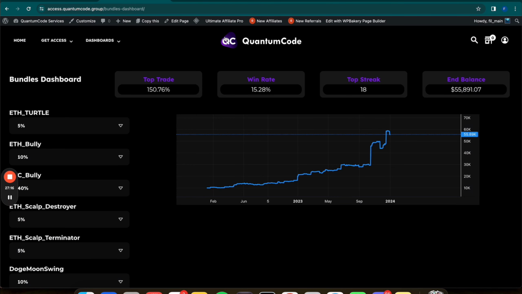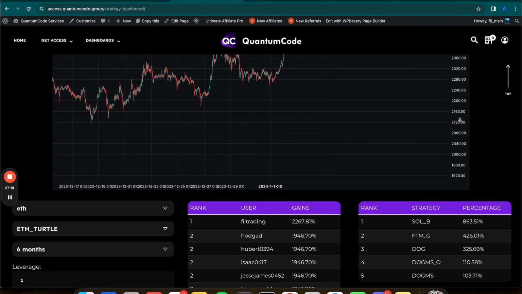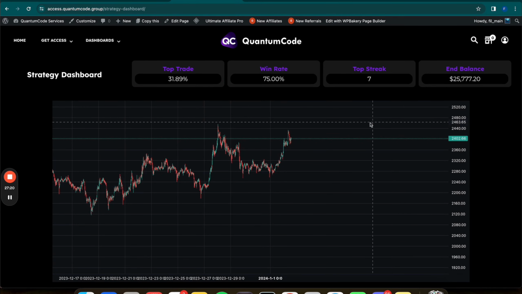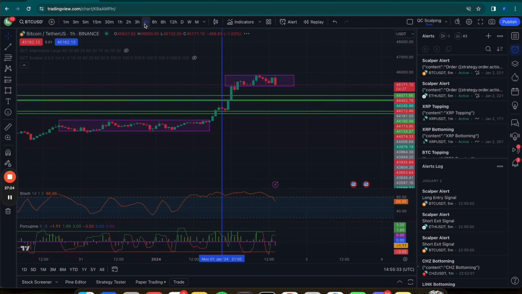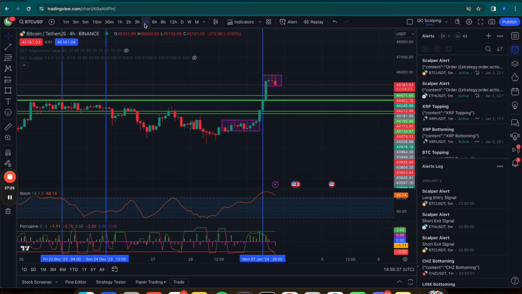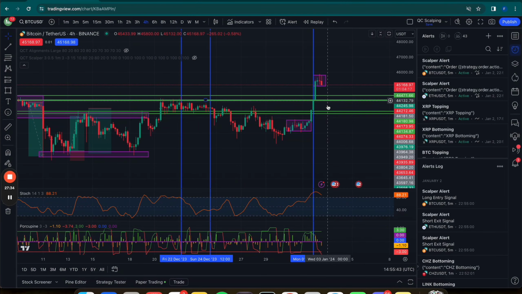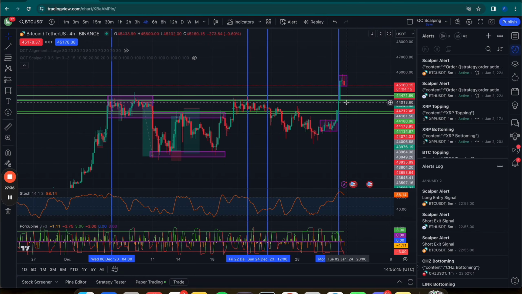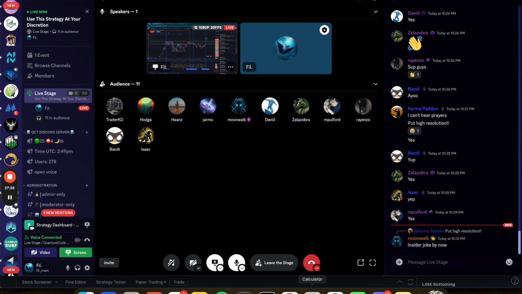Many of these strategies that we have here on the dashboard, they're trading on the 4 hour, 6 hour, and 8 hour. So looking at the 4 hour, I do like to look at this quite a bit. And the 4 hour is primed for a short right here, which would make sense at least to this range, back to this range, right?